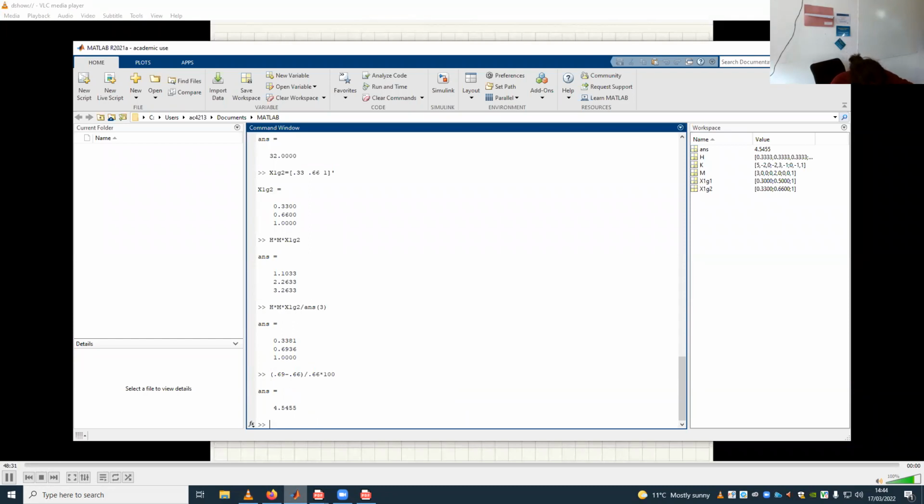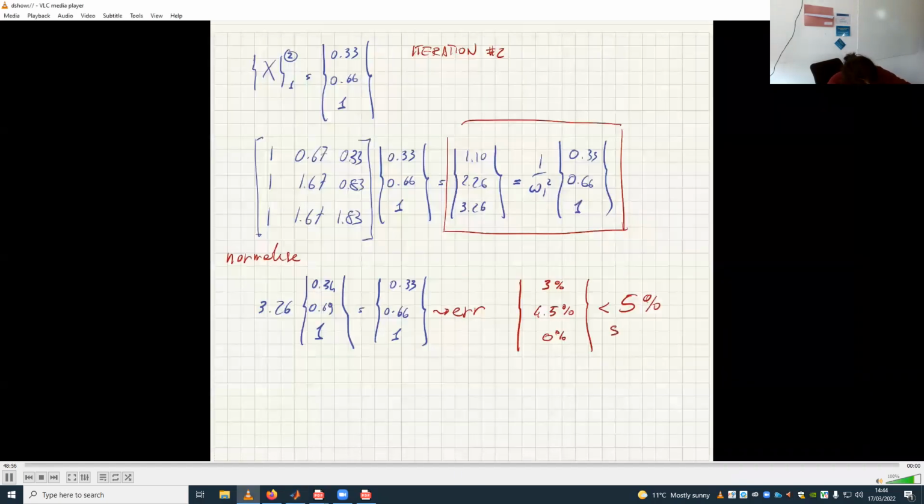Nice. 4.5%. And for the first one, that's even smaller, of course, because it was smaller earlier. 34, 31, 33, 3%. So this is smaller than 5%. So I stop here. See, with a very good first guess, we only needed 2 iterations for convergence.